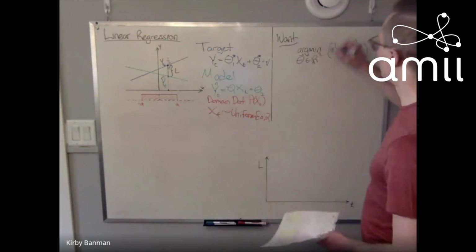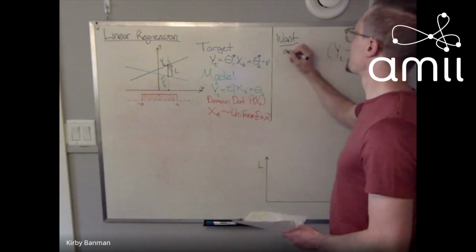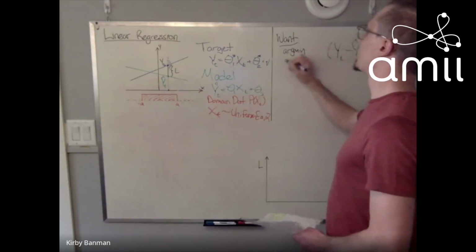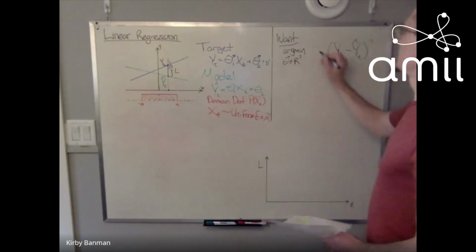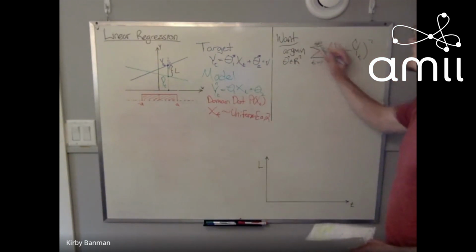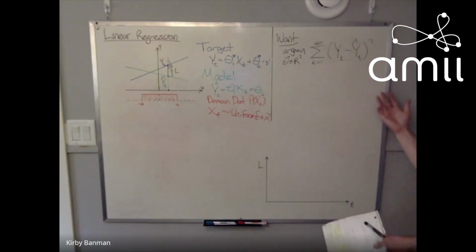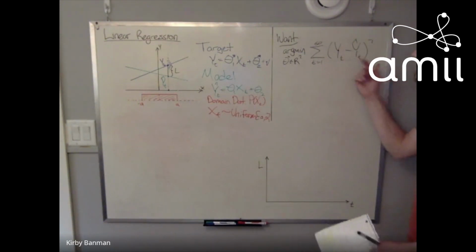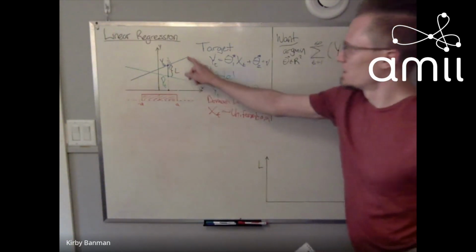Oh, this is missing an important component: the sum. We want to minimize the total observations here. So if we find the minimum over a large enough sum, we'll converge.